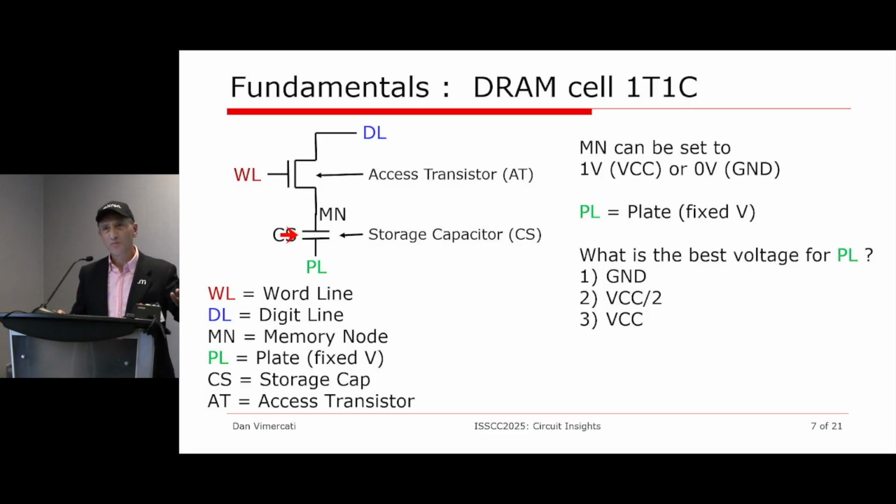And at the present time, it overwhelms any possible other benefits of choosing something different than VCC divided by 2. So if you choose VCC divided by 2, if the memory node is 1 volt, you have across the oxide that's in here, 0.5. If you store 0, it is negative 0.5, but the electric field is still 0.5 volts. Okay, so thank you for participating.